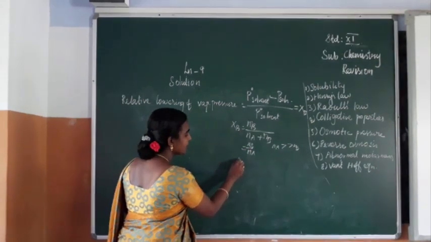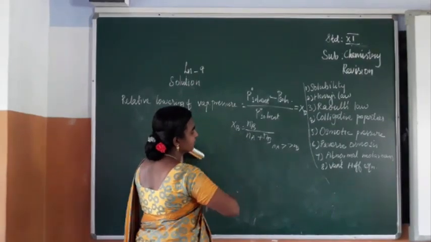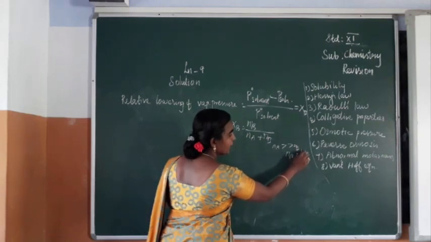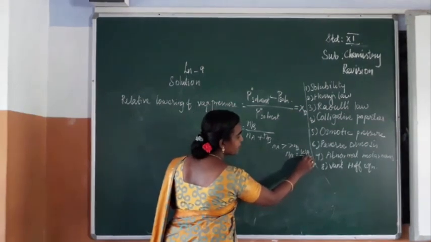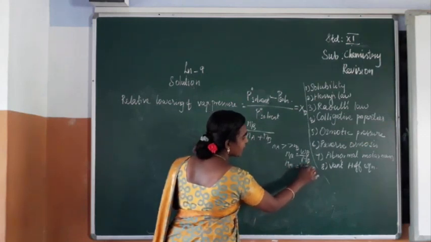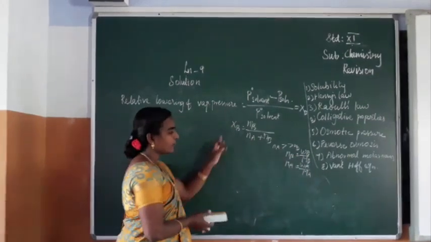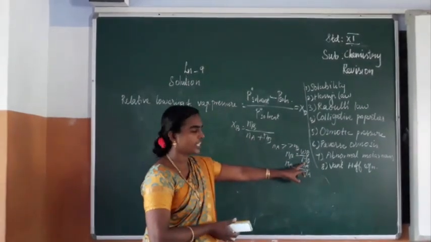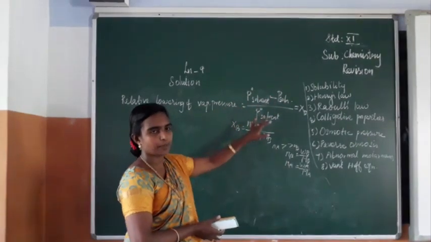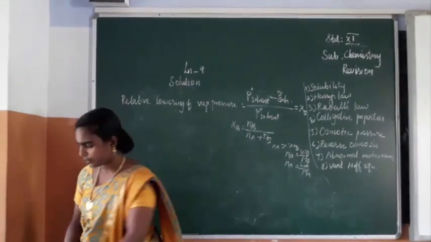NB is equal to WB divided by MB, and NA is equal to WA divided by MA. When you substitute these two values and rearrange the equation, we can find out MB by using the relative lowering of vapor pressure. The relative lowering of vapor pressure value we can find out experimentally.